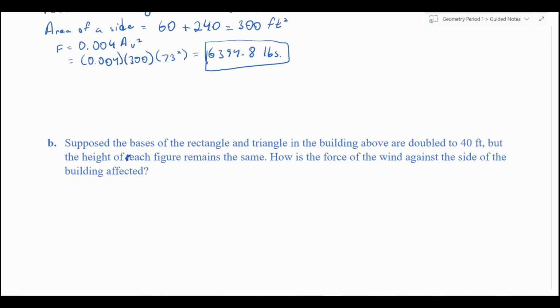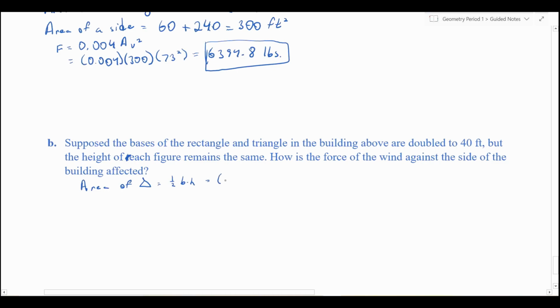Alright, we actually have to do some of the calculations exactly that we did earlier. So we're going to do the area of a triangle. We know that's going to be 1/2 the base times height.